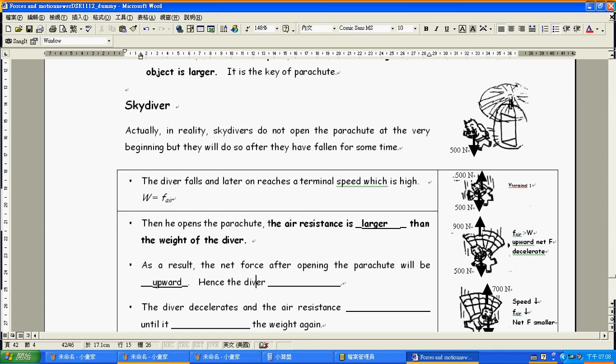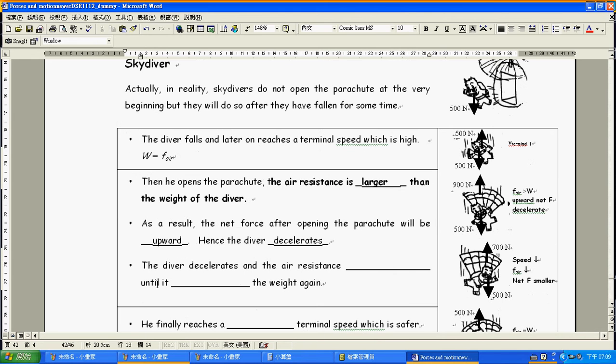Hence, the diver decelerates, and air resistance decreases until it balances the weight again.